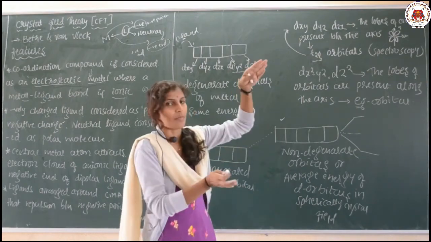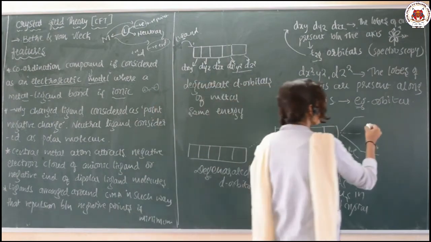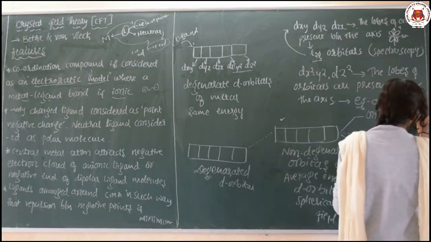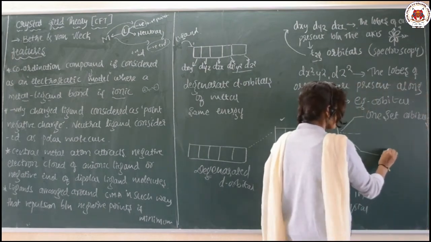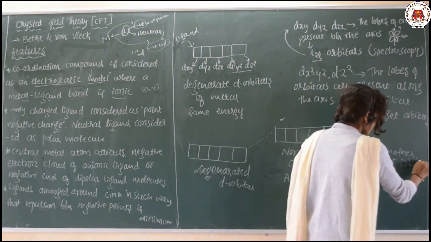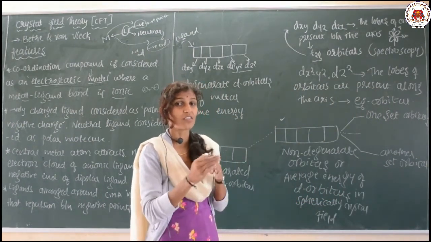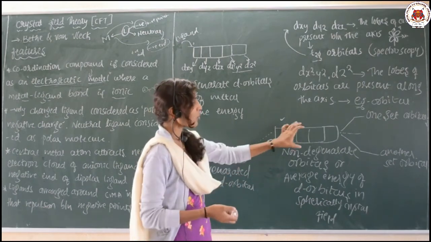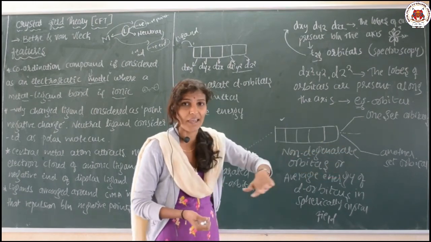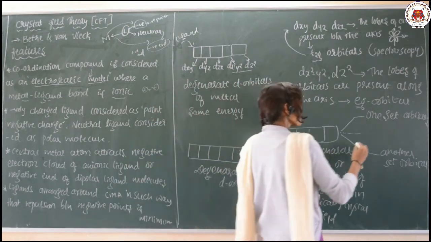It will split into two sets of orbitals: one set here and another set here. This is nothing but crystal field splitting. So what is crystal field splitting? The splitting of the non-degenerate d orbitals with the influence of the ligand to give a definite geometry. That is nothing but crystal field splitting.